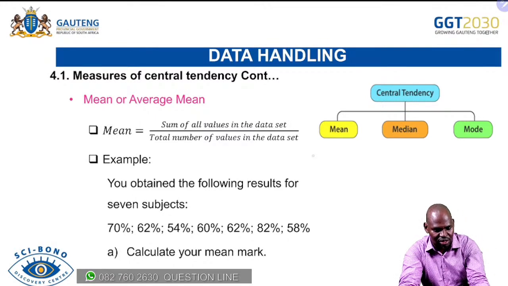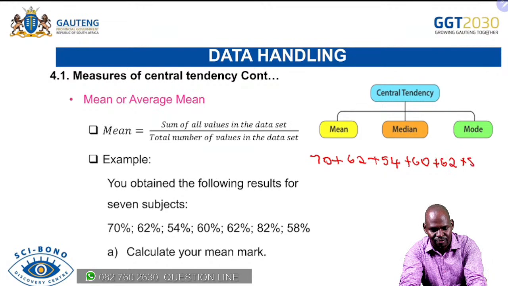So the mean is 70 plus 62 plus 54 plus 60 plus 62 plus 82 and plus 58.